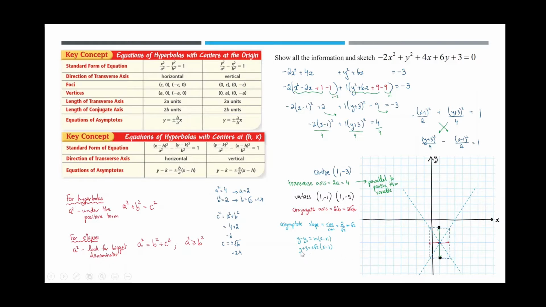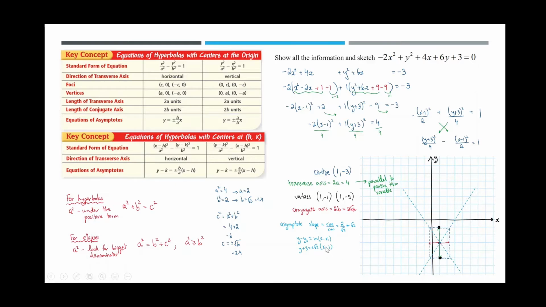And so the equation of these asymptotes, if I asked you to find them, you could use the equation of a line that I have been discussing with you before. So y minus y1 is equal to slope m multiplied by the difference in x's. So x is the variable and x1 is the actual point that we know on the line itself. The point that we know on both lines is the center point.